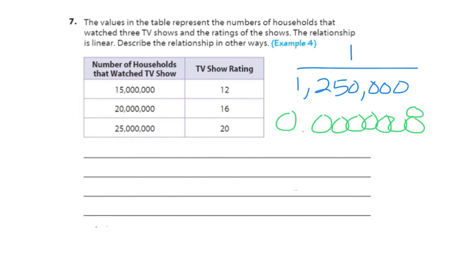Okay, so I would say this wasn't the easiest problem to do, but if you kept it as a fraction, 12 over 15 million, 16 over 20 million, 20 over 25 million, they all equaled 1 over 1,250,000. If you did this with a calculator and converted it into a decimal, they're all equal to this.